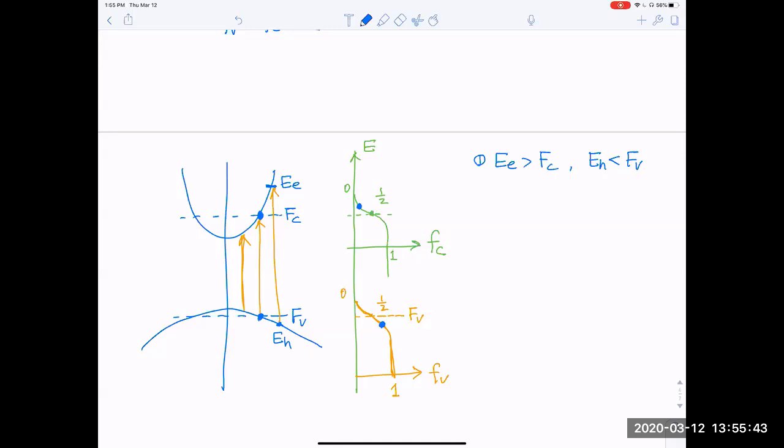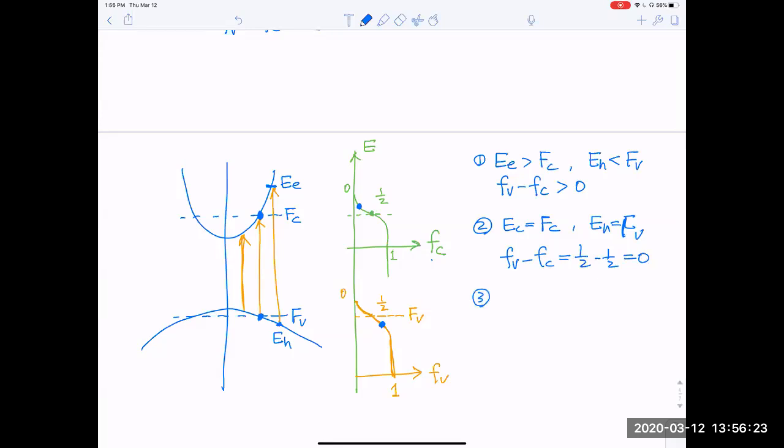There's no vertical line here. This is not momentum. The vertical axis is Fc and Fv. So you can clearly see here, Fv minus Fc will be greater than 0. In the case of EE equal to Fc, you can prove under the effective mass approximation that EH is equal to Fv, in which case Fv minus Fc will be 1/2 minus 1/2. This is exactly equal to 0.